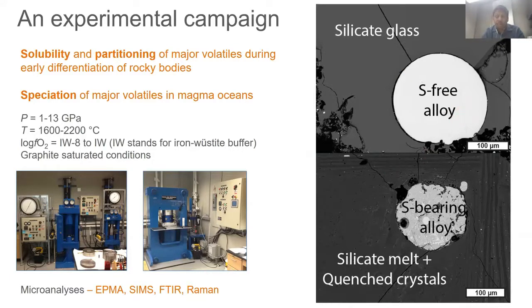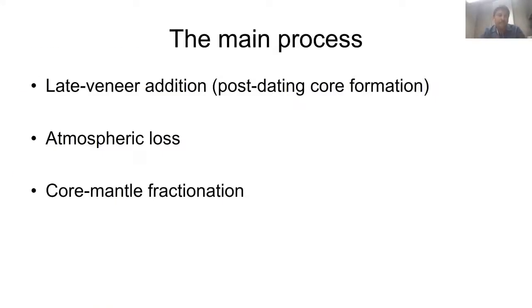So going back to the main processes we should be thinking about in terms of the origin of the major volatiles on our own planet, it could be late veneer addition, that means post-dating core formation. It could be that atmospheric loss itself played a major role, or it could be core-mantle fractionation that played an important role. Right off the bat, I would rule out late veneer addition being the main process.